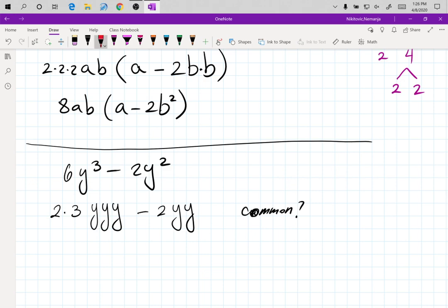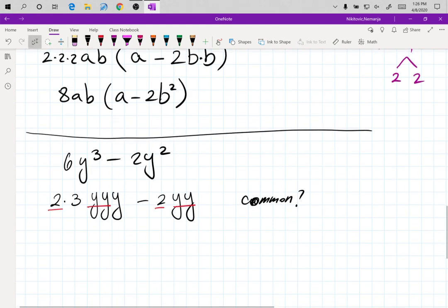Well, clearly 2 is common. Clearly 2 y's are common. So I have 2y squared as a common factor. y times y is y squared. What's left? What's left is 3y, and here is the killer, minus 1.